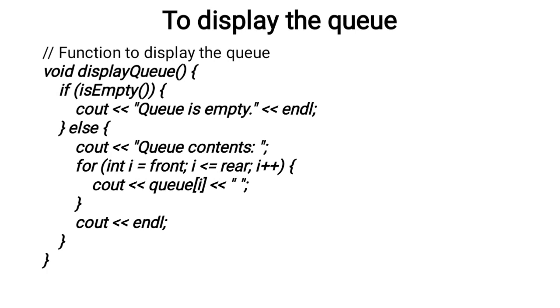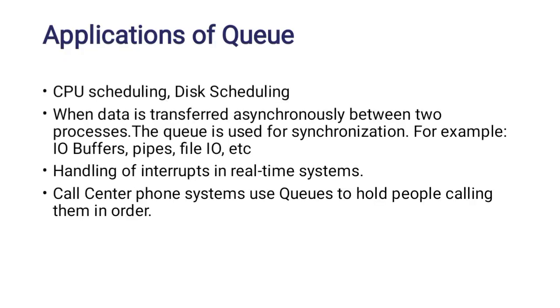Then let's go and understand the applications of queues. Queues are used in CPU scheduling, and also in disk scheduling. Also, queues are used when data is transferred asynchronously between two processes.